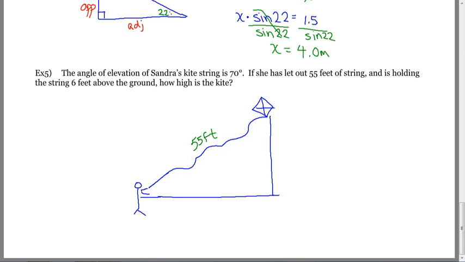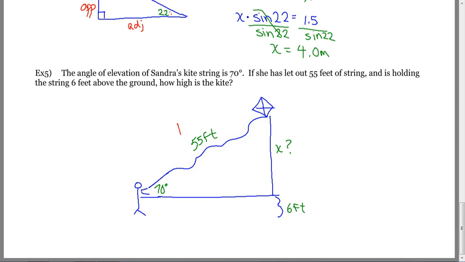So let's say that this is 6 feet above the ground. So we have to account for that later. This is 70 degrees, and now we have to figure out how high is the kite. So let's put x beside the right-hand side.